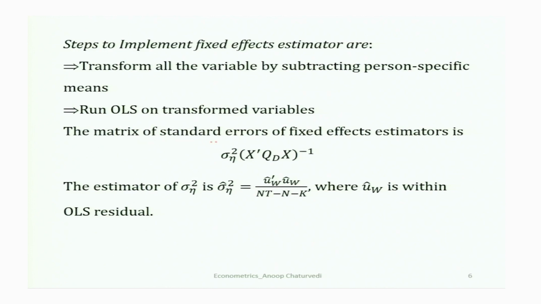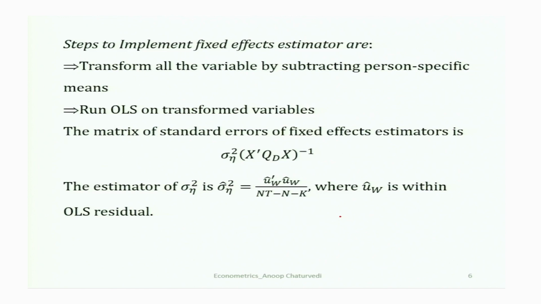Then the matrix of standard errors of fixed effects estimators is sigma square eta (X transpose Q_D X) inverse. We have just used the formula for variance covariance matrix of GLS estimator.